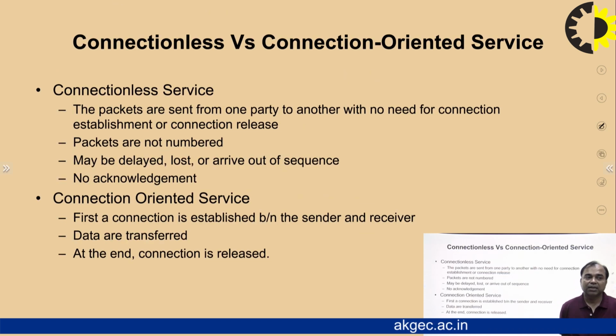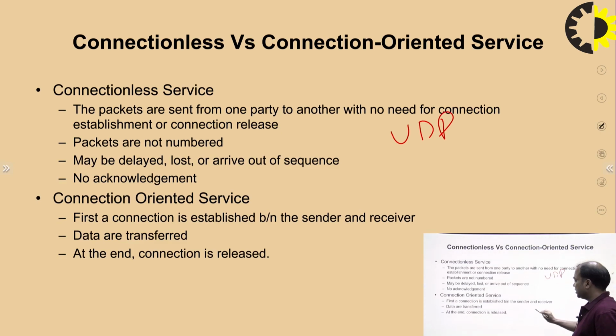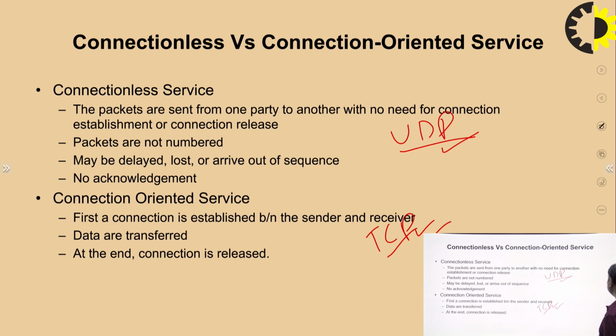Basically, UDP is responsible for connection-less service, and TCP for connection-oriented service. Connection-less service is fast, while connection-oriented service is slow. These are the merits and demerits of these two protocols.